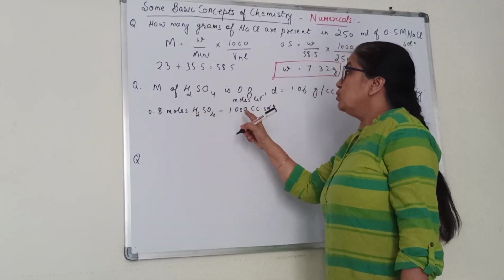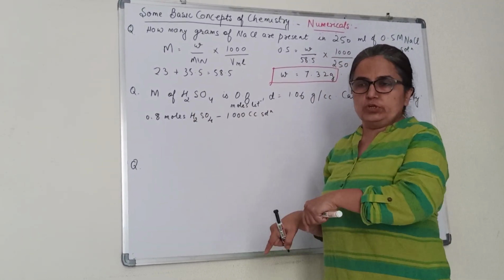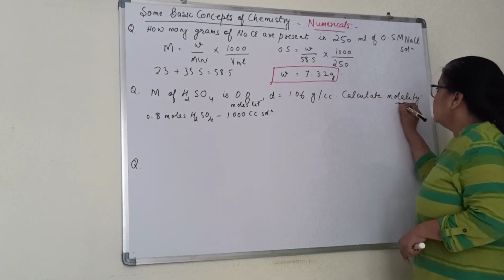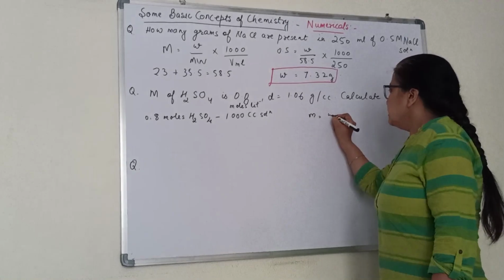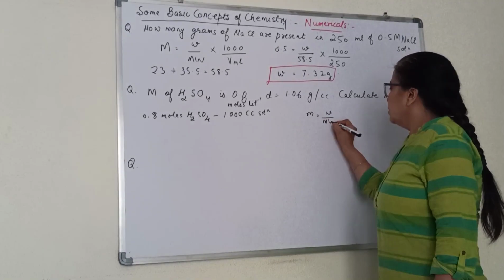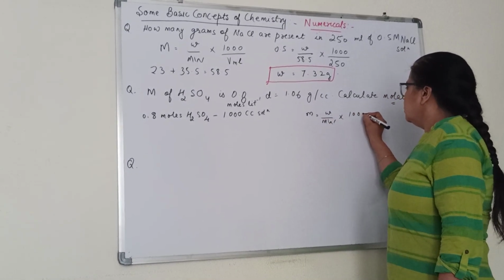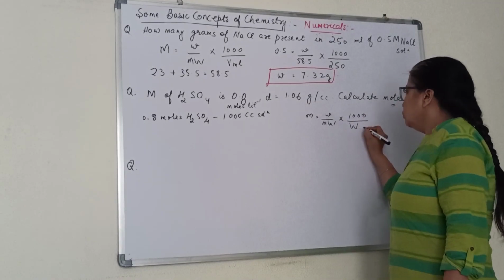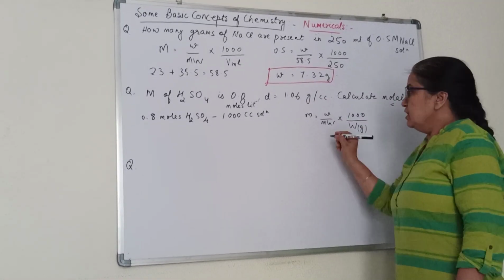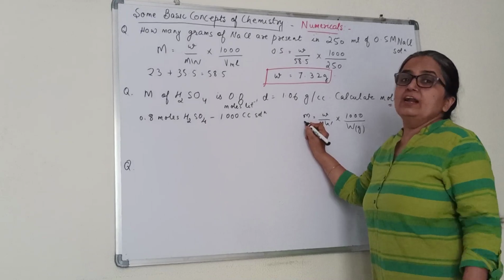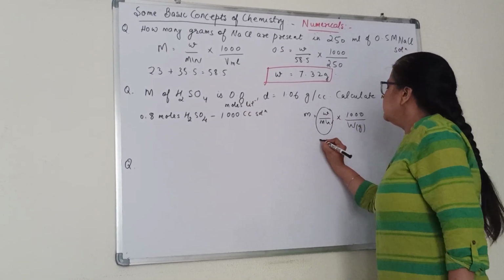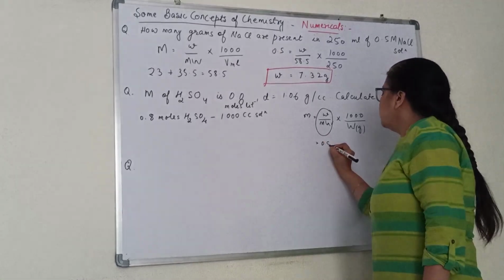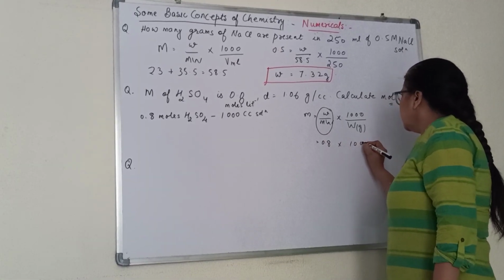We know this much mole is there in this much volume of the solution. But we also know that for molality we need mass. Formula for molality is given weight by molecular weight into 1000 by the weight in grams. Moles we know, it's given in the question, 0.8 mole. This we know, 0.8 into 1000.